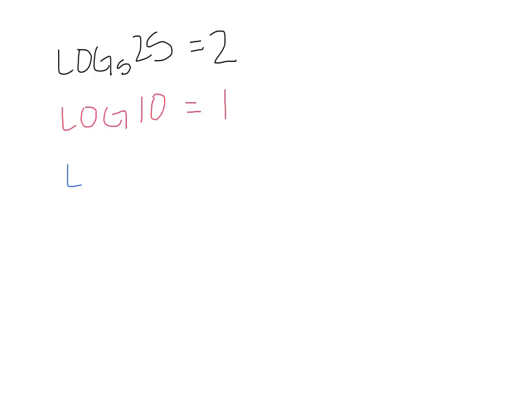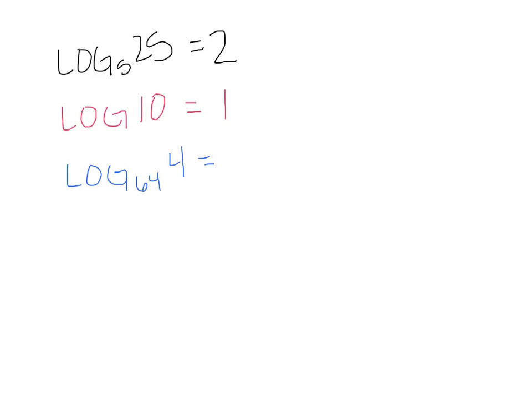Okay, how about the log base 64 of 4? What is the power that makes 64 into 4? This is a little bit tricky. Because 64, we're going to 4, really we're taking a root. How many times does 4 go into 64? 4 times 4 is 16, times 4 one more time is 64.